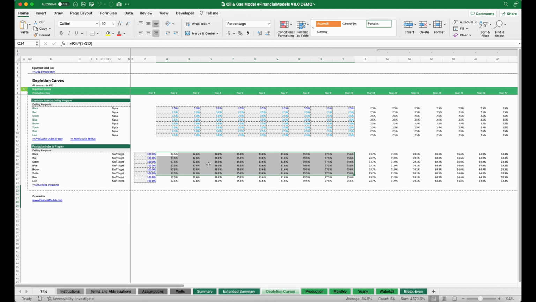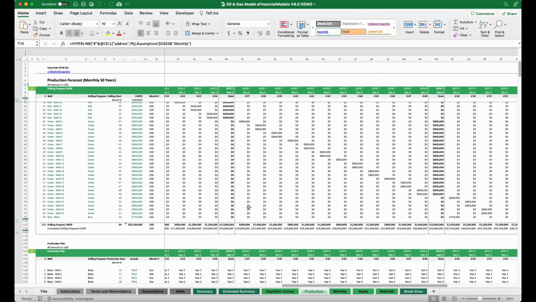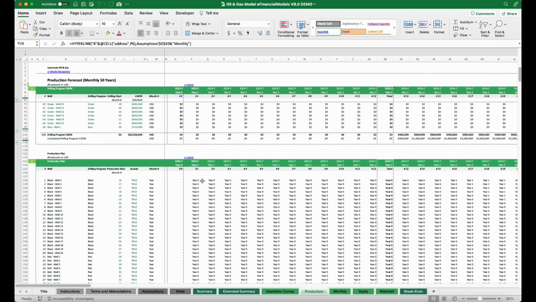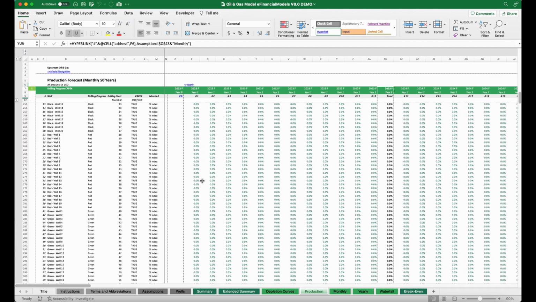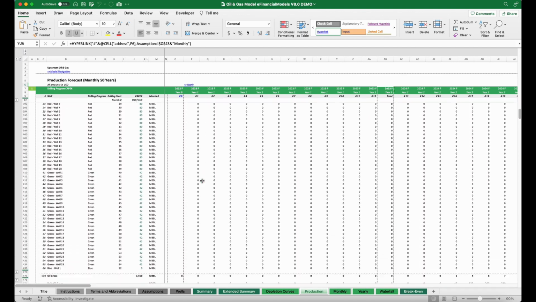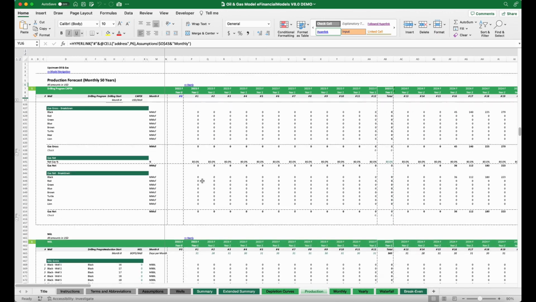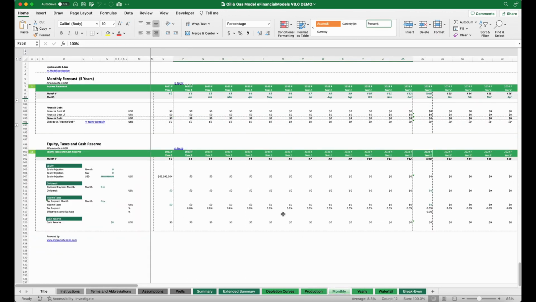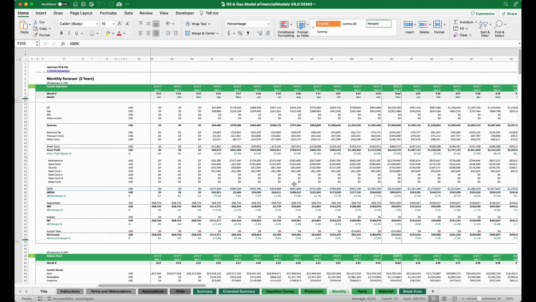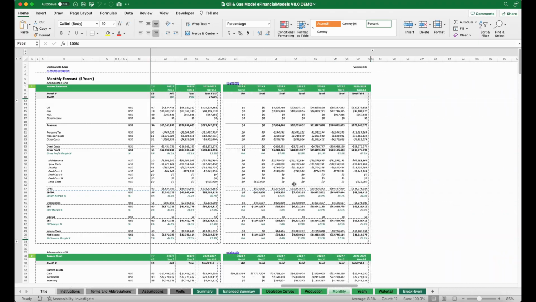In order to model this, we need assumptions to model the depletion curve and the likely decline of production levels. We have one worksheet which goes into details well by well on what the production output will be for oil, gas, and natural gas liquids. We then build a monthly financial plan for the first 5 years.